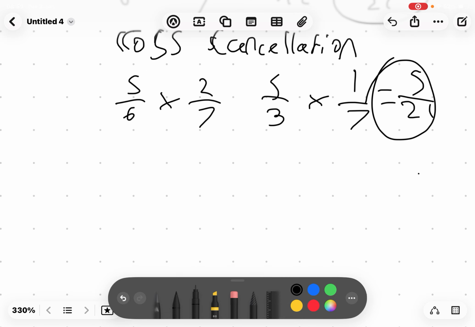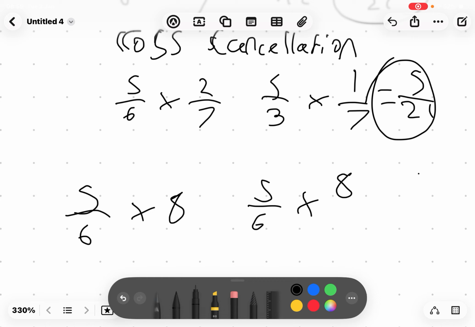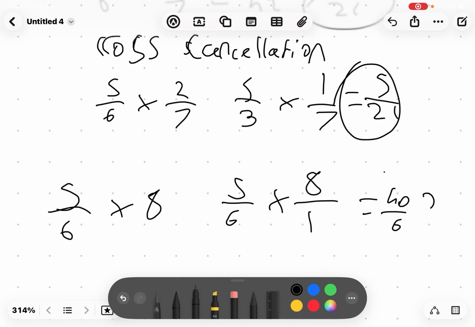After that, we have an example. So what do you do if you see this? Well, you just make it like this, and because it's a whole number, if you add the 1 under it, it's the same. That will go to 40 over 60, and then 20 over 3.